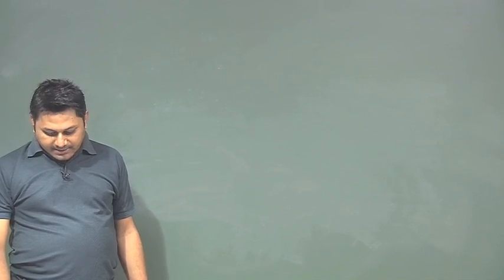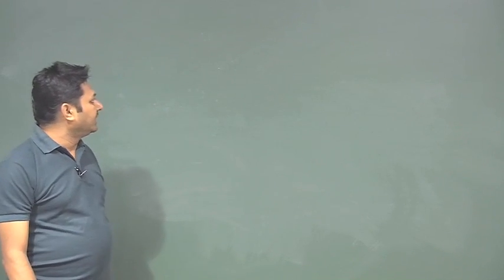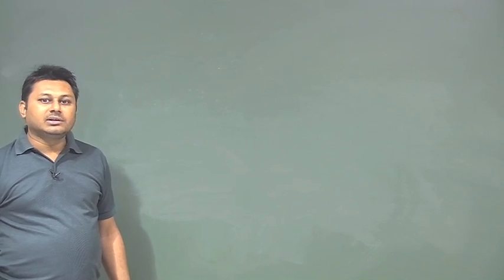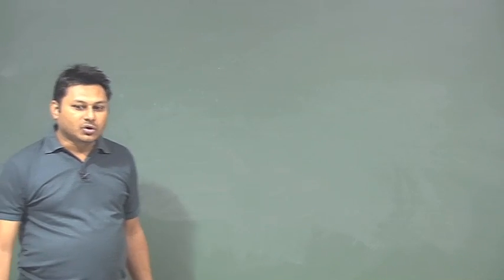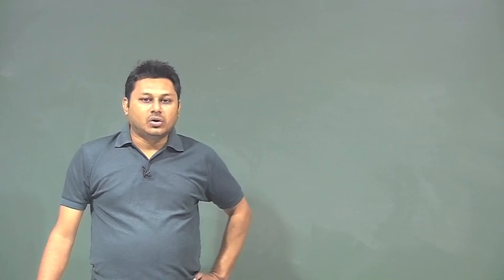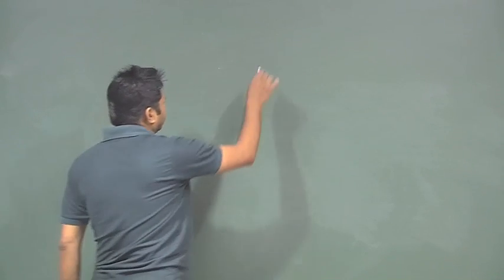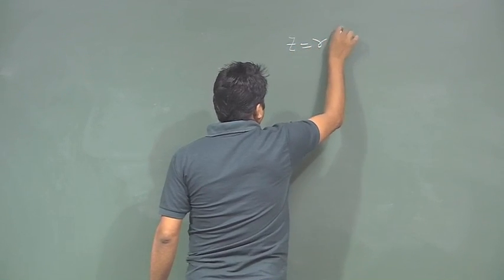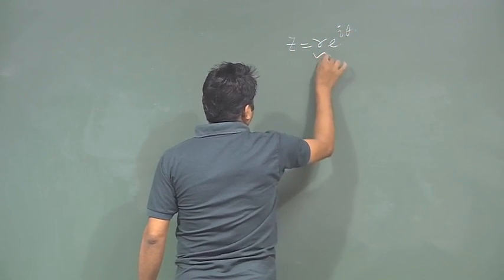Okay, the next important thing I would like to put here is the polar form of the Cauchy-Riemann equation that I mentioned in the last class. The polar form is important also, because the variable z can be represented as r e to the power i theta, which is polar.